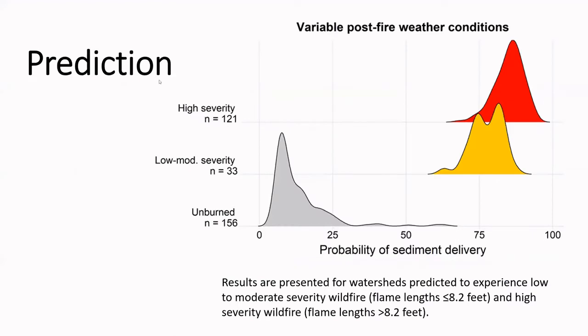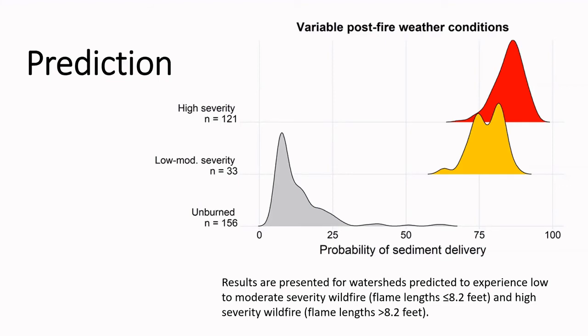The model also produces estimates of the probability of sediment delivery, and some of the model developers say they have more confidence in these probability predictions than in the specific sediment delivery estimates, which is why we wanted to present both of them to the fire protection districts.